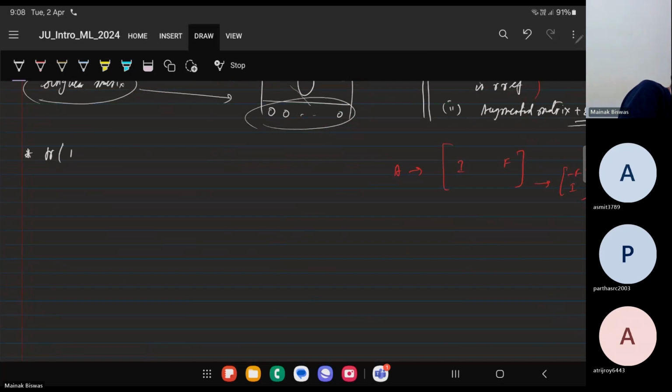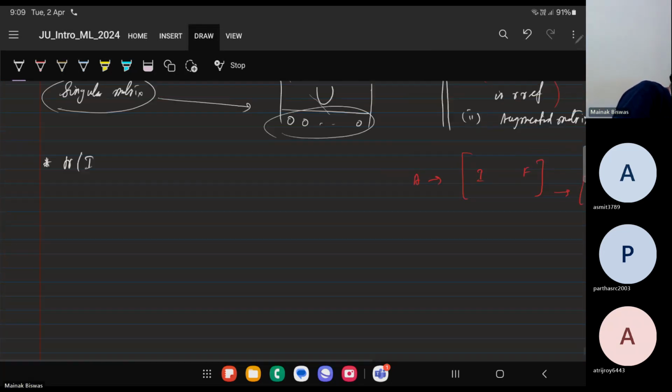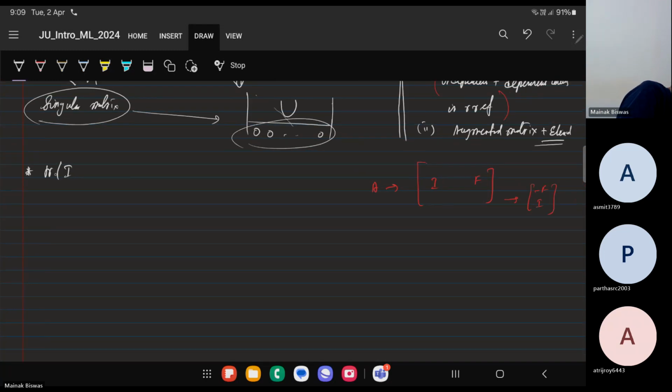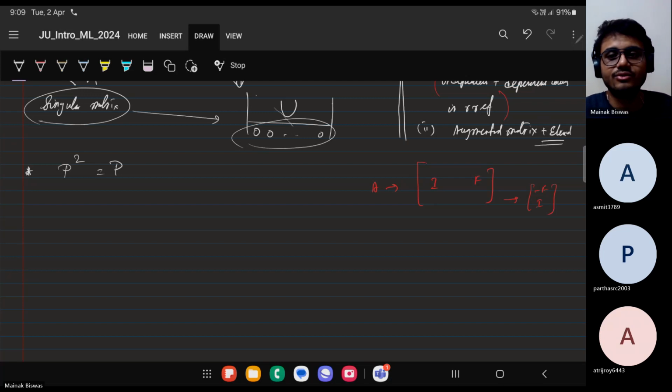Trace of an idempotent matrix. Say A is, say, P squared. What is the definition of an idempotent matrix, if you recall from last time?